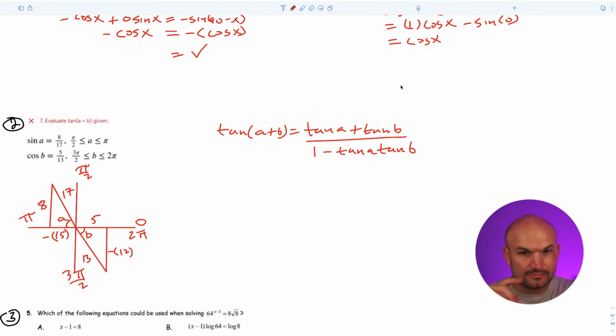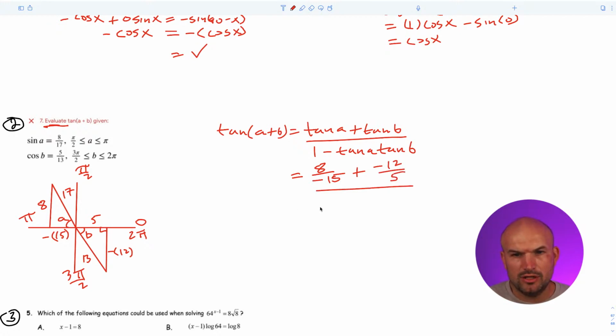Okay, so now it just says evaluate, right? So all we're simply going to do is plug in our tangent for our A and our B based on these two triangles. And again, be careful with the negatives. So in this first one, tangent of A is going to be 8 over negative 15, plus the tangent of B, which is going to be negative 12 over 5. All of that is over 1 minus 8 over negative 15 times negative 12 over 5.